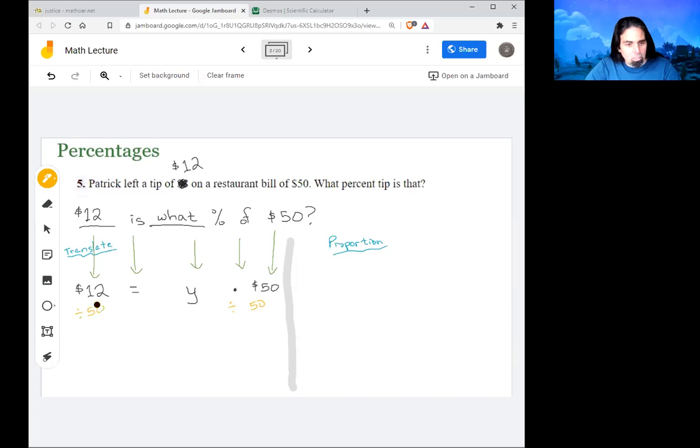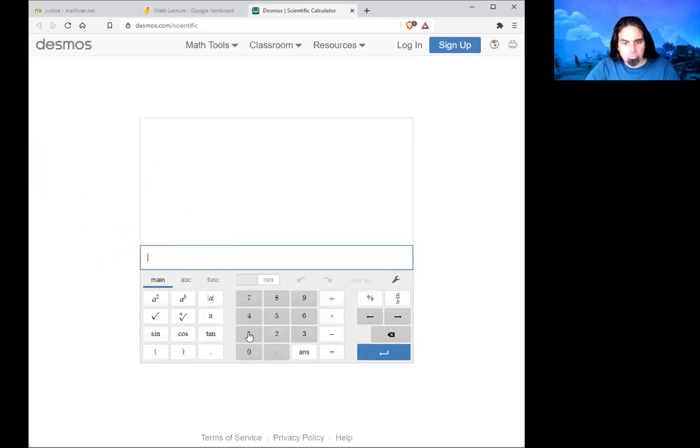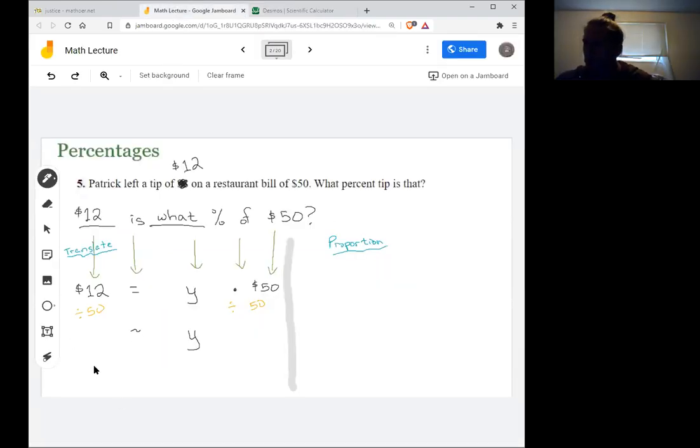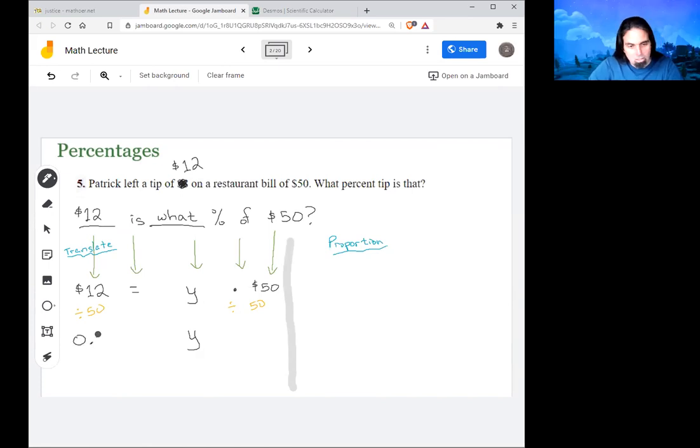And I'm almost done, because once I do that, .24. Oops, that's not almost equals, that really is equals. So the last thing is anytime you use the translate method, you have to have a riplop somewhere.